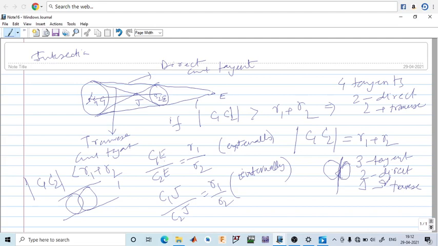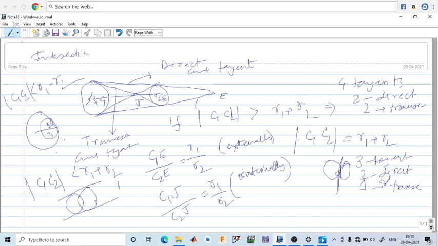The last condition will be if C1C2 is less than the difference of the radii. Suppose the bigger circle is this and the smaller circle is this, with radii r1 and r2.